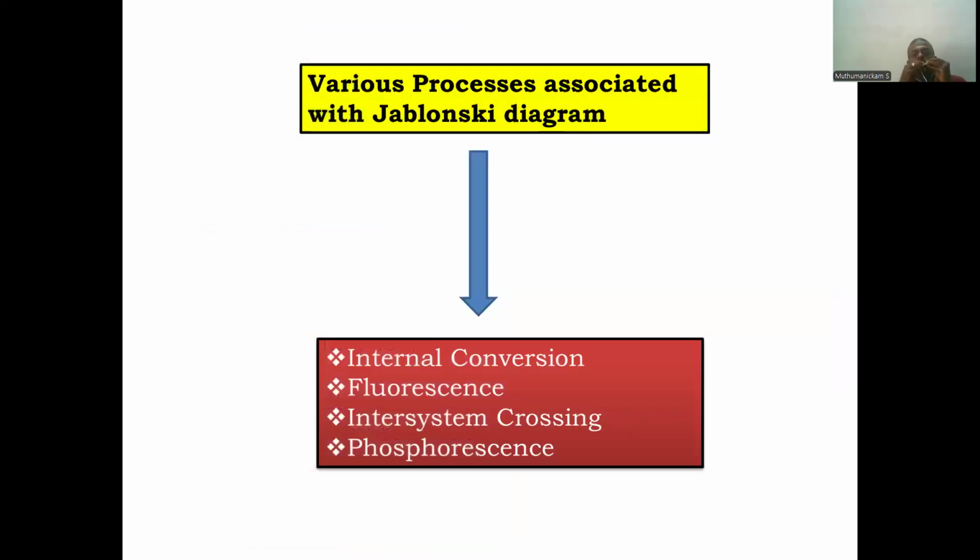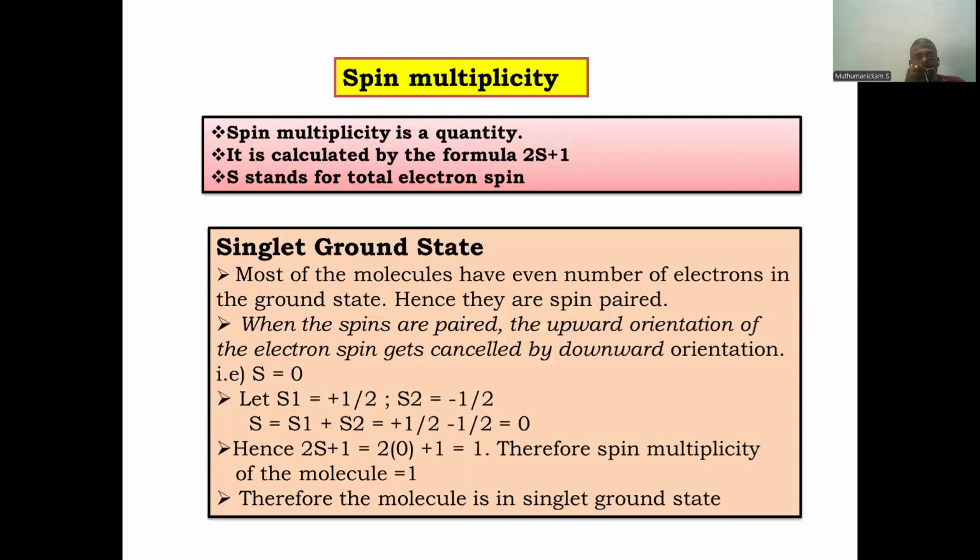Next, what are the various processes associated with the Jablonski diagram? One is internal conversion, and another is fluorescence. Next is intersystem crossing, and another is phosphorescence. Before going into the Jablonski diagram, we have to learn something about spin multiplicity.